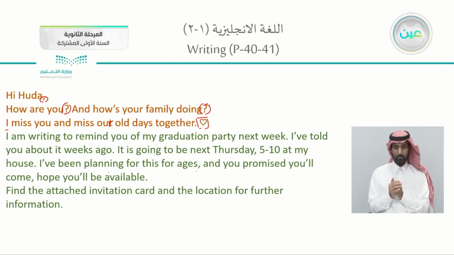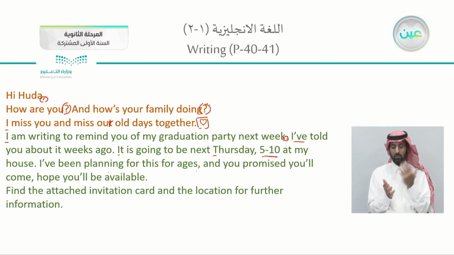What has she started with? Always capital I, ended up with a full stop. Notice the short form, I've, because it is more like informal. And here, start with a capital I for it. Also, we're having capital T, Thursday. Notice 5 to 10 in here.